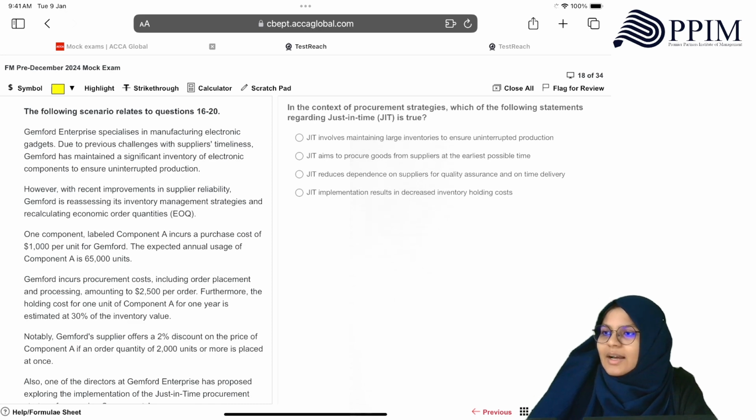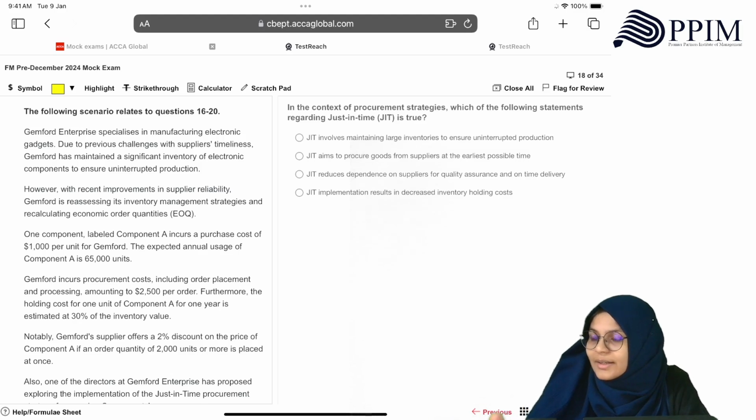We wait until the last minute and then only place the order. C says JIT reduces dependence on suppliers for quality assurance and on-time delivery. Wrong. If you're doing JIT, your supplier has to give you the goods on time plus with good quality. It shouldn't be a situation where you place the order, he takes a long time to send it, and after you get it the quality is not good, so you send it back.